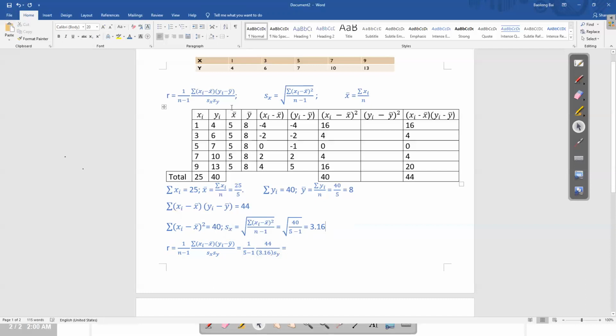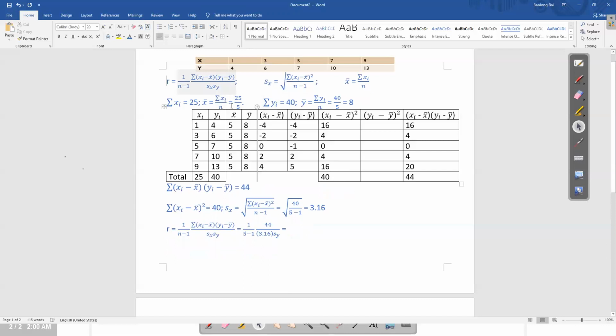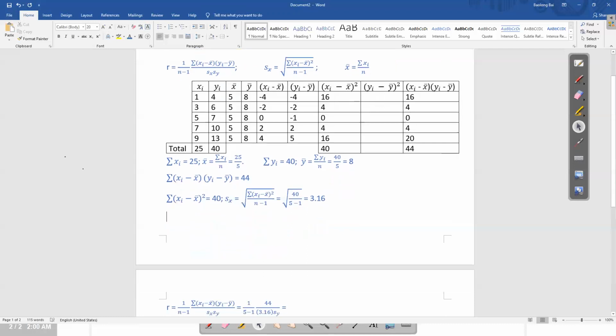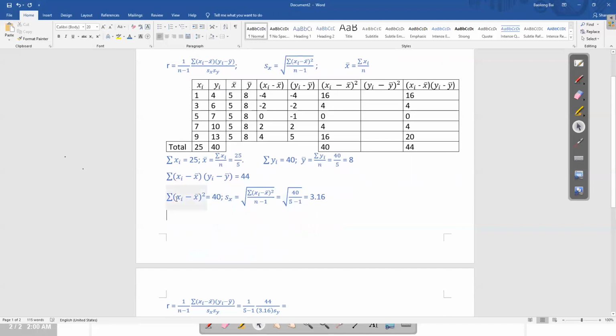So we just need to find standard deviation of y, right? Now this should be done using the same approach, right? I'm trying to get a little bit more space. All right, so let's squeeze it down there. Anyway, so we can find the standard deviation of y using exactly the same approach. So if you can find summation of yi minus y bar square.